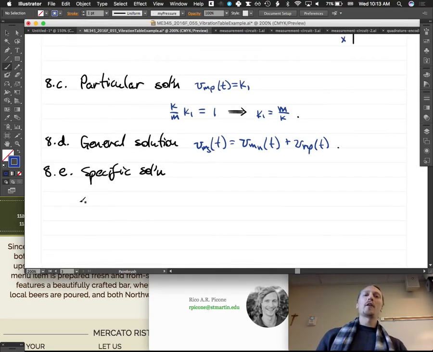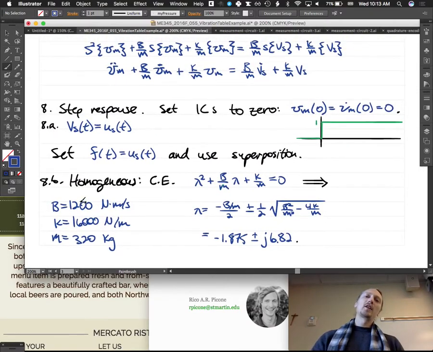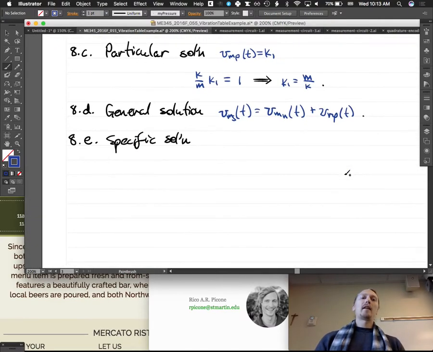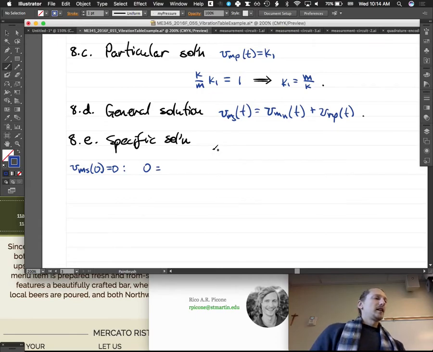So let's plug in our initial conditions, which I said are going to be 0. So we have that Vm of 0 is equal to 0, which tells us that 0 equals, now let's plug in our general solution with time equals 0 in it.